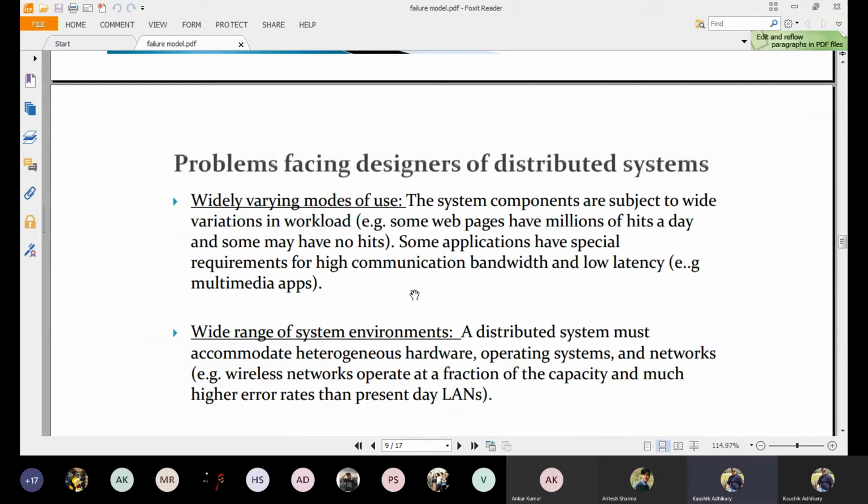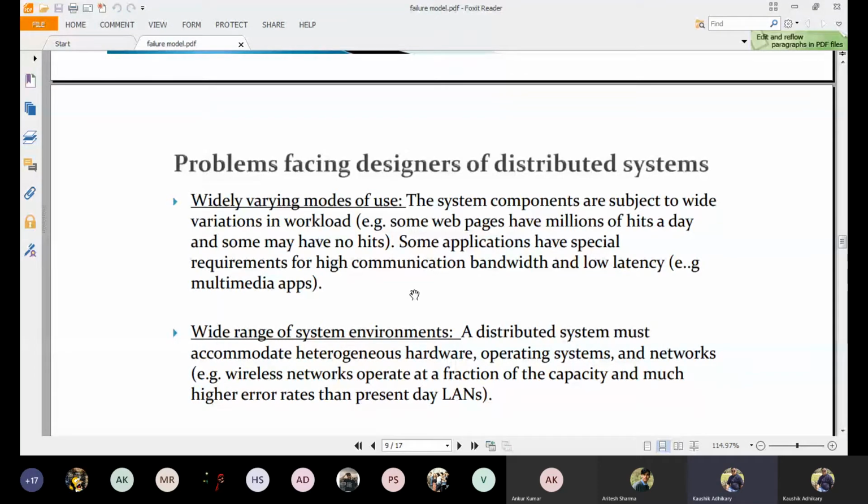So first problem is widely varying mode of use. Widely varying mode of use means that there is a variation in workloads.